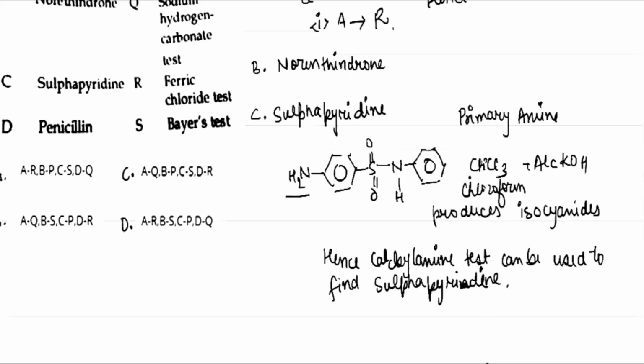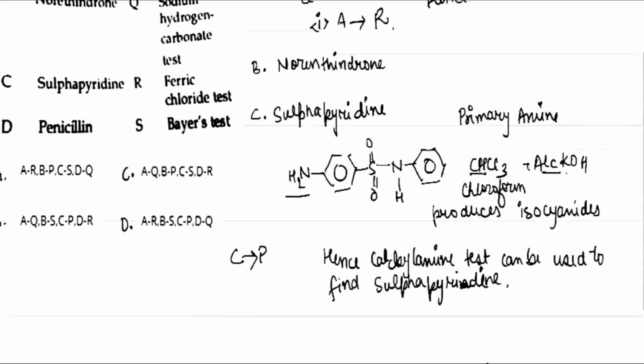The carbylamine test is heating a primary amine with chloroform and alcoholic KOH. This gives isocyanates, which are foul smelling substances. Hence, this can also be used as a test. So option C, which is sulfapyridine, matches with B, which is the carbylamine test.